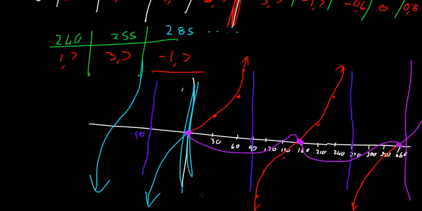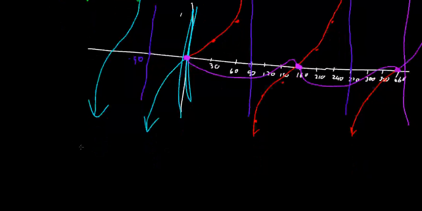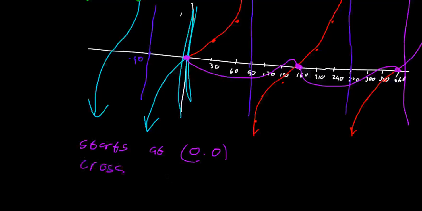Okay, so things to know about the tan graph. Starts at 0, 0. Crosses 0 at 180 degrees, 360, 360 plus 180, etc. So it crosses 0 at 180 degree intervals.